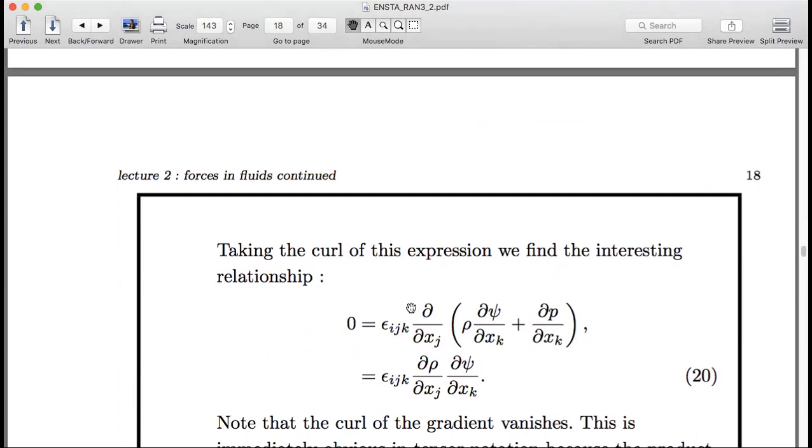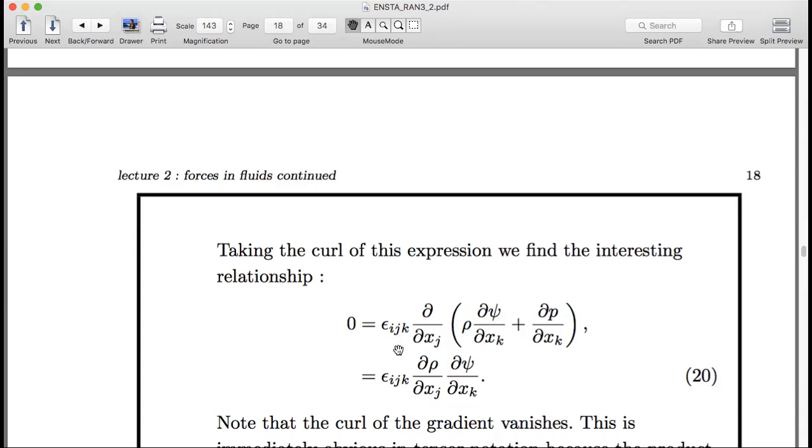So I'm going to use the alternating tensor, which makes it convenient to do that. I realized as I was looking at this that I've used it in a slightly different way than before, but it doesn't change the number.